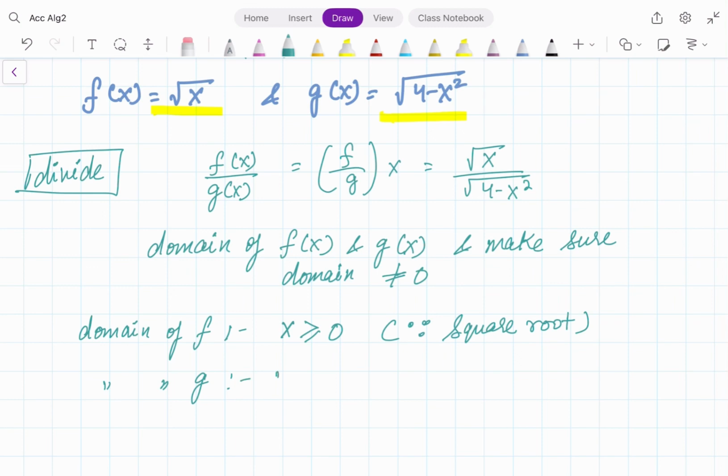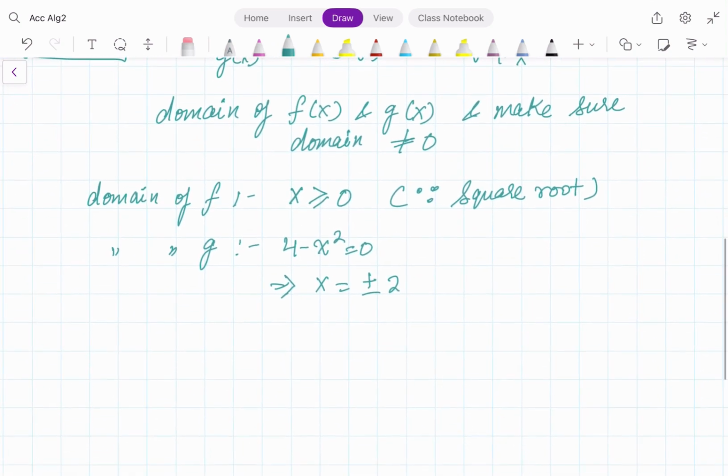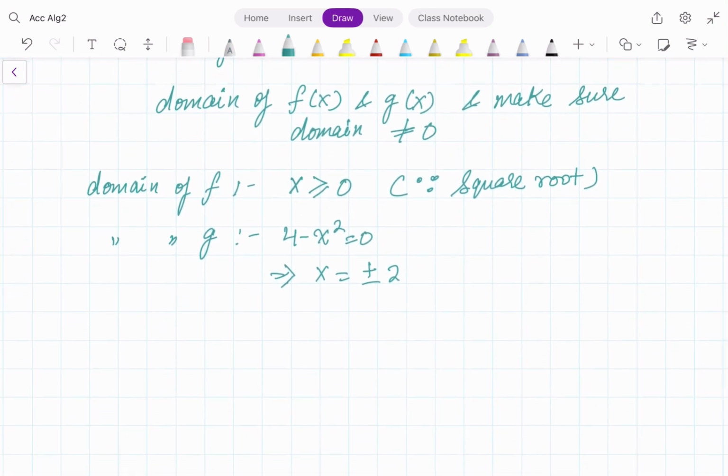Now what is the domain of g? Inside the radical we have 4 minus x squared. So x is greater than or equal to negative 2 but less than or equal to 2, right? That is the restriction for the g of x function.